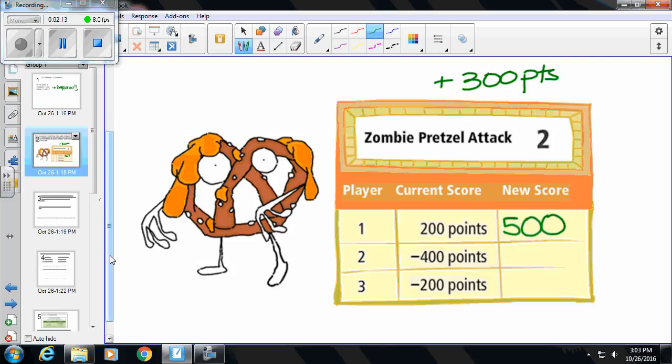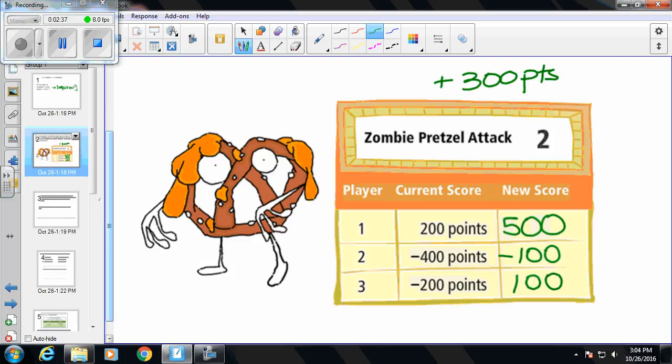If I'm down 400 points, I'm at negative 400, but I increase 300, that means I'm getting better, but I'm still at negative 100 points. And if I'm at negative 200 points and I increase 300 points, that gives me 100 points.